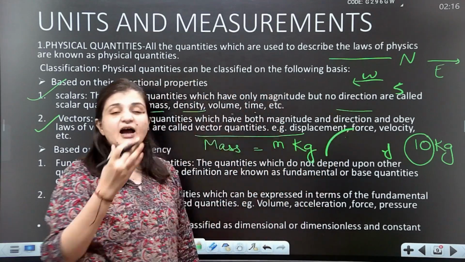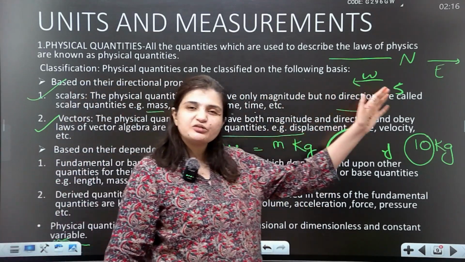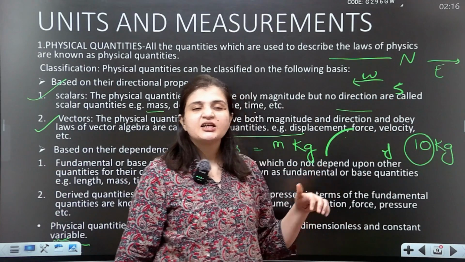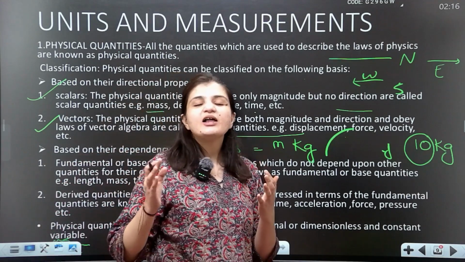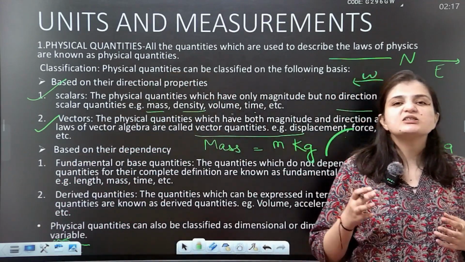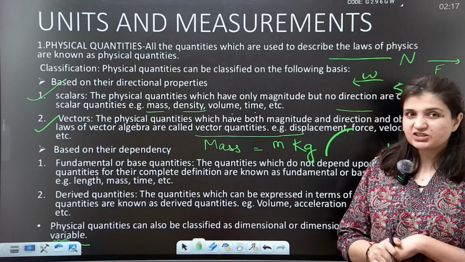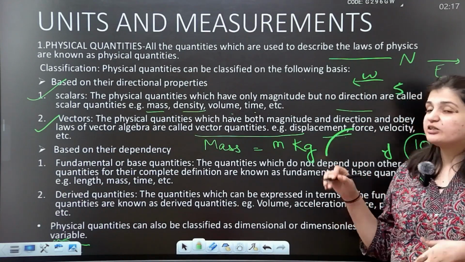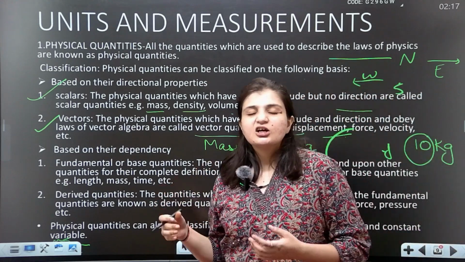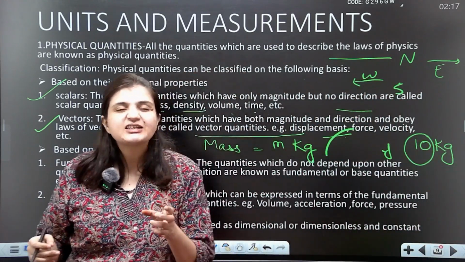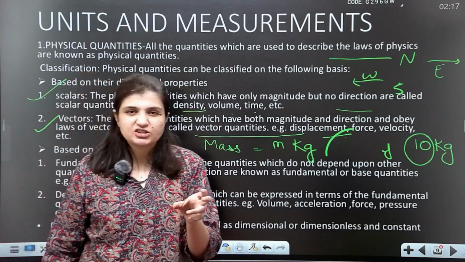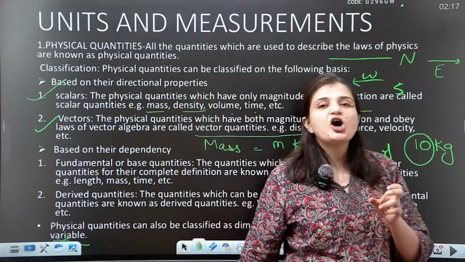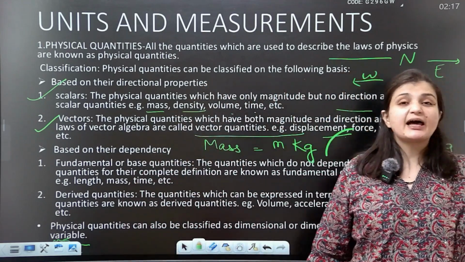So when we are describing the direction of the object, north, east, south, west, we call it a vector quantity, where it has both magnitude as well as direction, such as displacement, force, velocity. All these quantities are vector quantities, where we are also describing its direction, its motion, where the object is traveling, in which direction it is going.